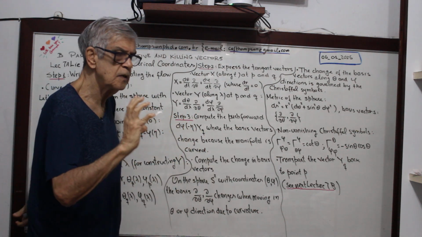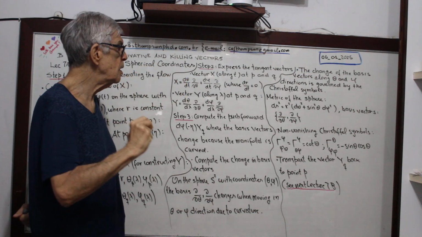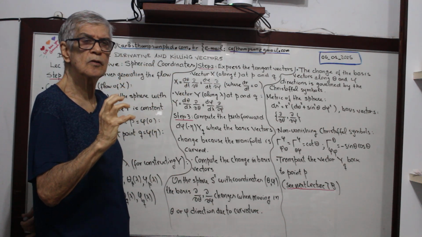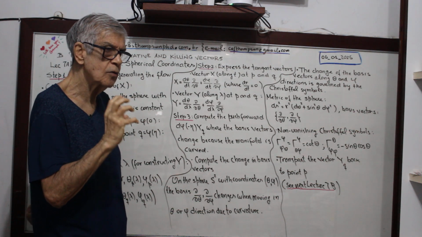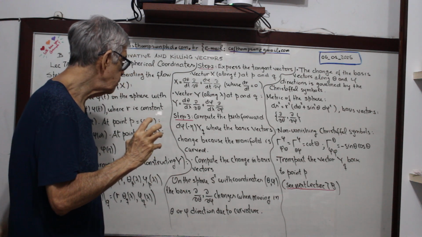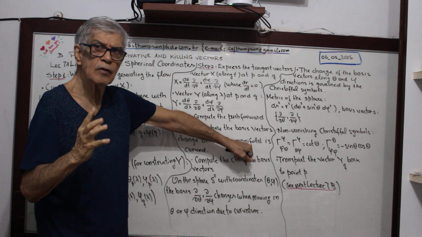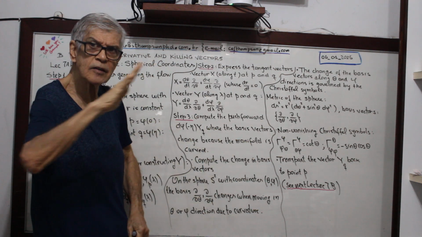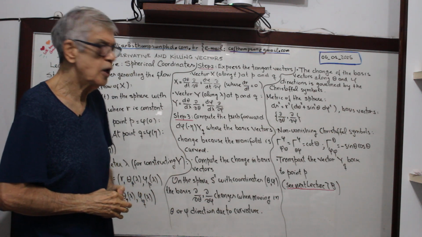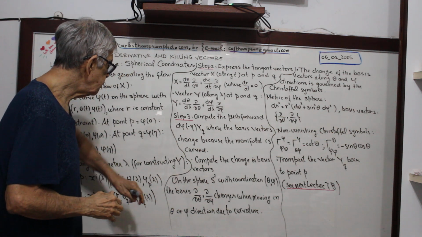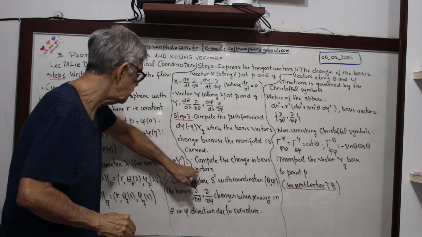Attention now. When you move from Q to P, the basis vectors change. That's an important observation. Because the manifold is curved; if you have a flat manifold, then they will not change. So from here we compute the change in the basis vector.